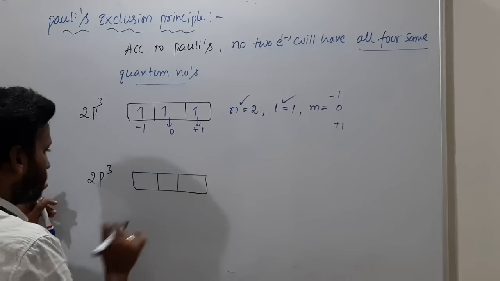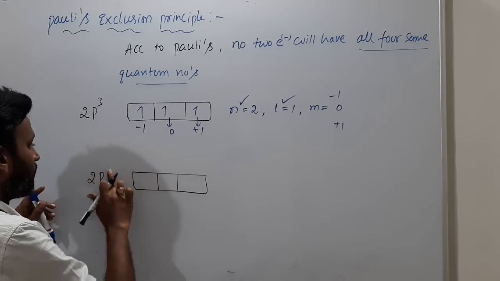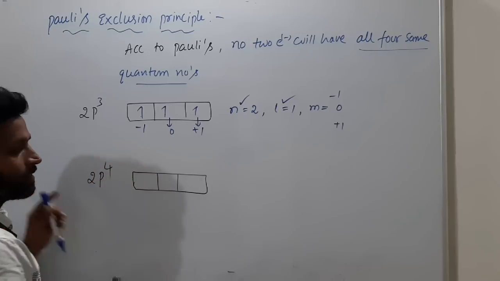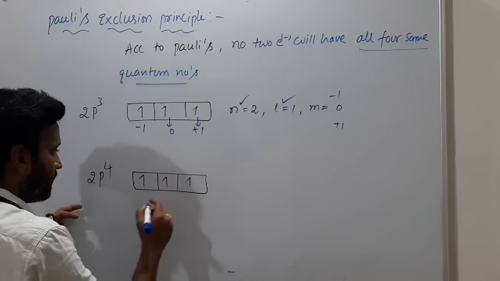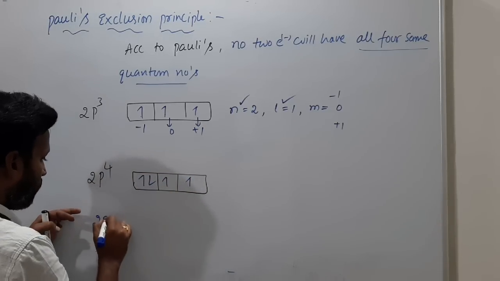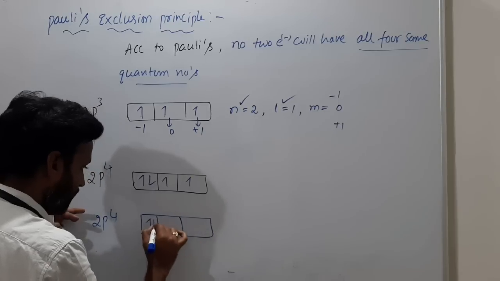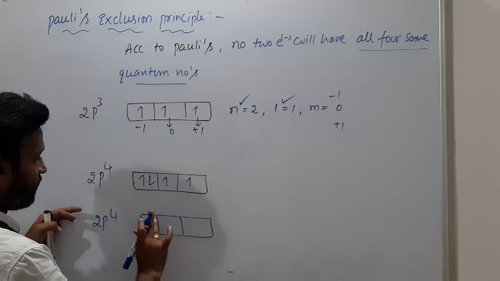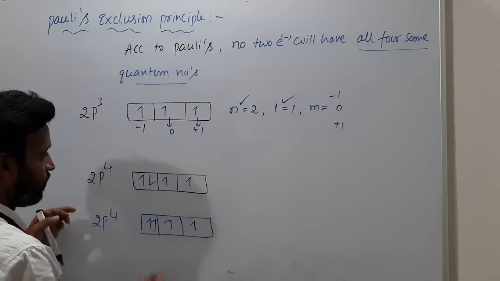Okay. So now the same 2p3 I have written. Next I am taking 2p4 like this. So I will write like this: 1, 2, 3, and 4. And 2p4 I am writing one more time like this: 1, 2, 3, and 4.